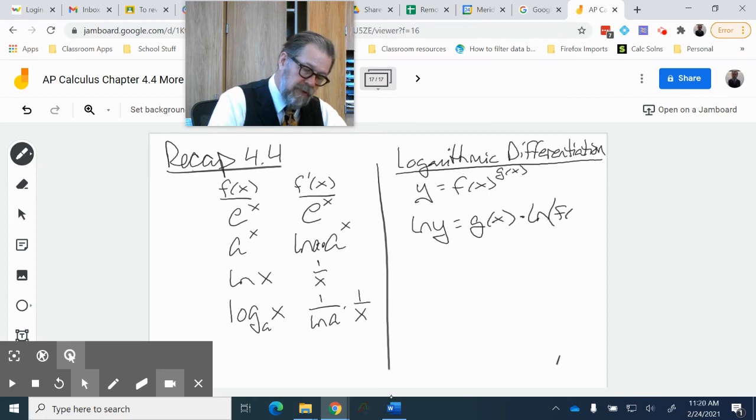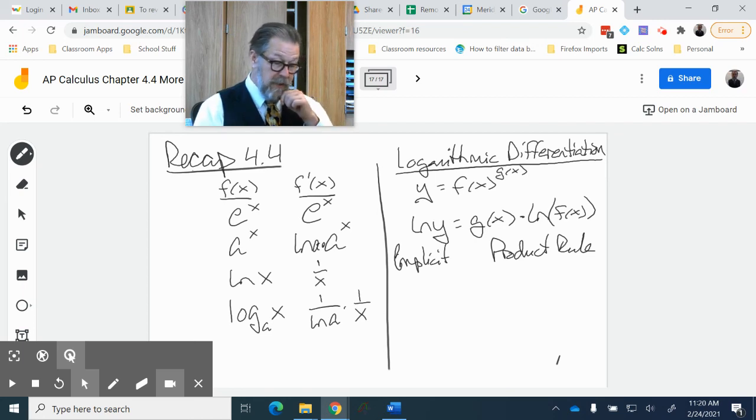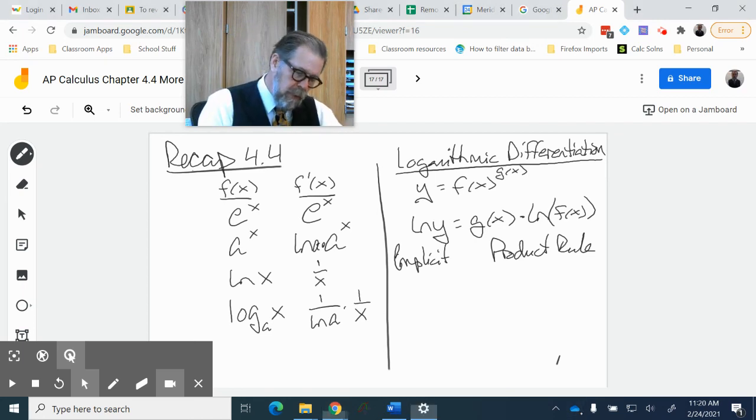I do a little fiddling algebraically, and then I use implicit differentiation on this side, and I use the product rule on this side. And don't forget to use the chain rule for natural log of f of x. We could actually come up with a formula for this very simply.